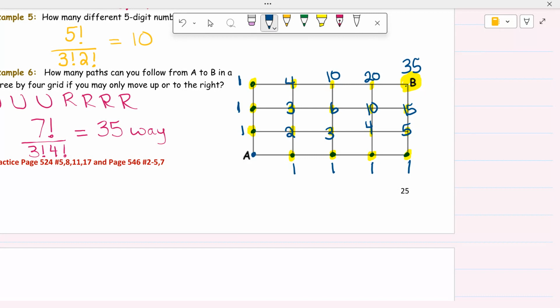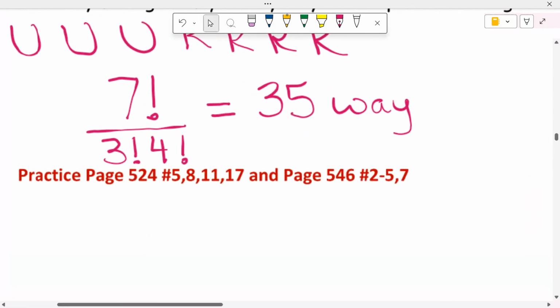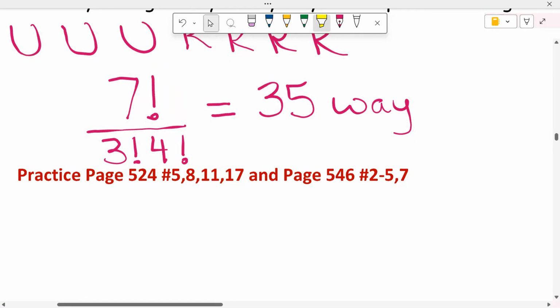So you never have to do that in a question. But could I give you any square grid, with as many lines on the inside, and give you specific directions? Yeah. And you can always do this. This always works. Most students prefer to do that, because it's just quicker.